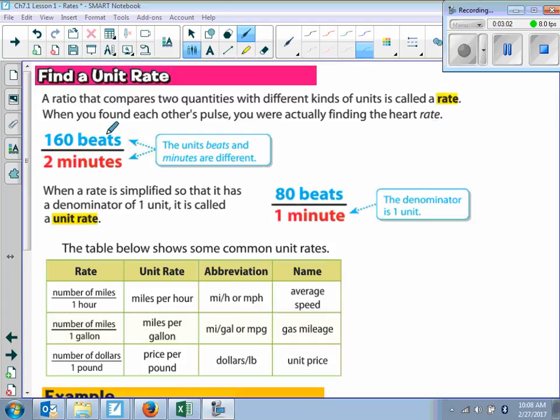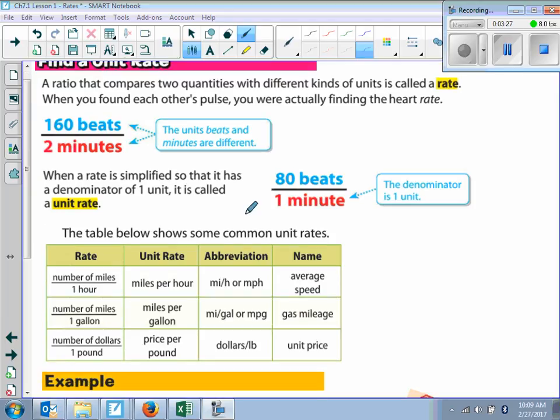So here, oh look, this is the one we used. Here we have 160 beats in 2 minutes. Okay, when a rate is simplified so that it has a denominator of 1 unit, it's called a unit rate. Okay, so here we just divided the top and the bottom by 2 to make 2 minutes into 1 minute, and then 160 becomes 80.